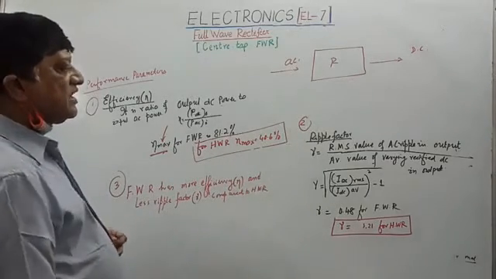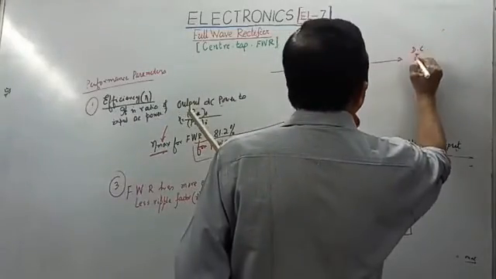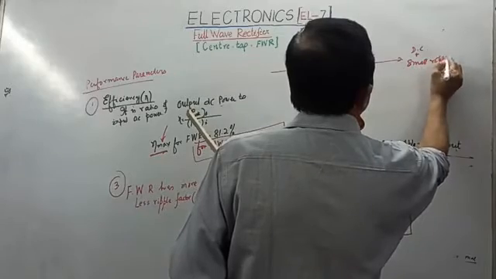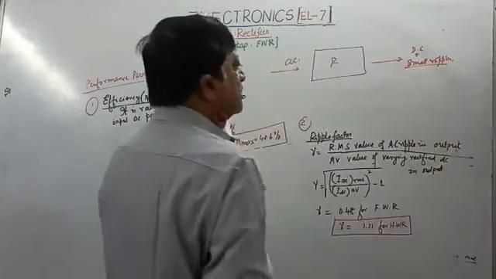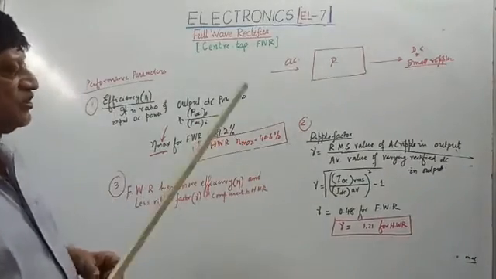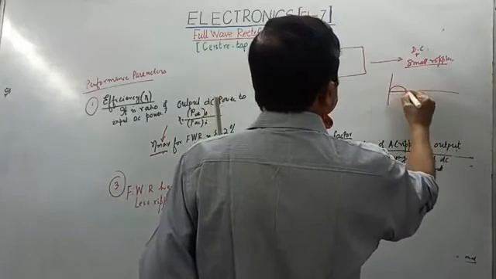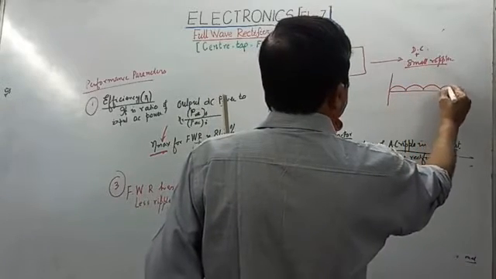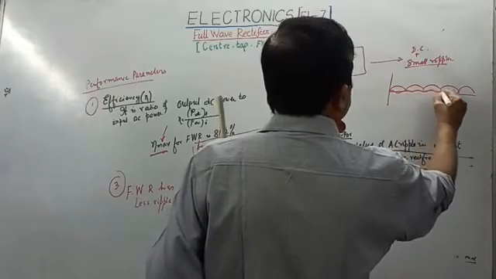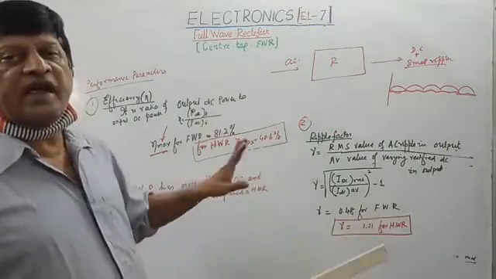Now come to the other thing, ripple factor. I said that along with the DC there are small ripples. If you look at your half wave rectifier, along with the DC there are ripples, if this is your DC. In the full wave rectifier too, there is some AC along with the DC, because no rectifier is ideal.